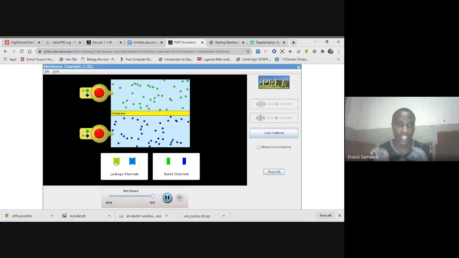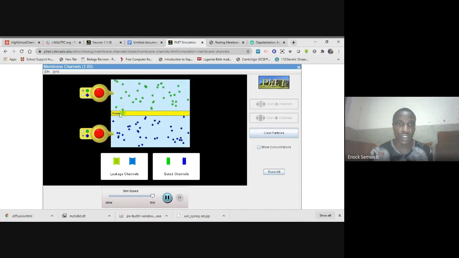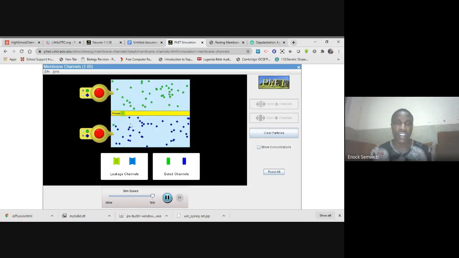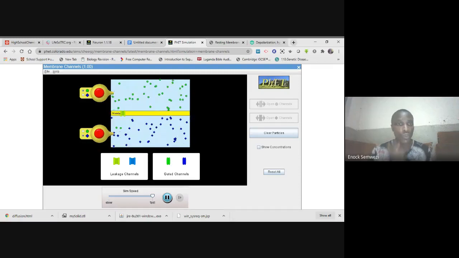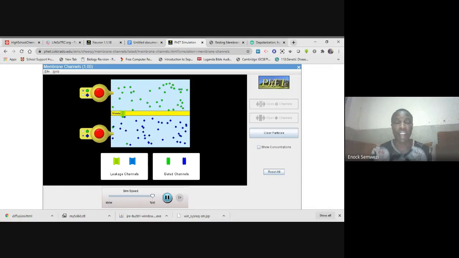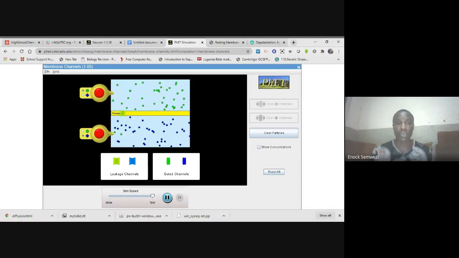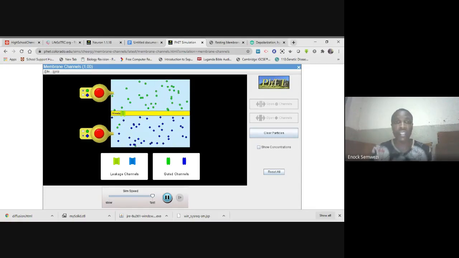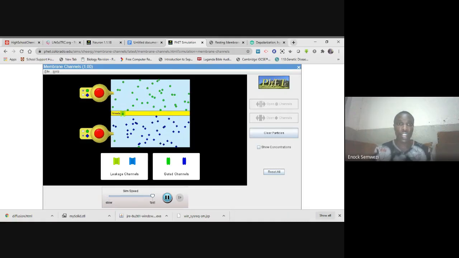Let's see. If we have a leakage channel, can it allow in all molecules? No. It can only allow the green to move across the membrane, specifically from the side where we have a higher concentration to the side where we have a low concentration. However, the blue molecules cannot go through because these leakage channels are specific.